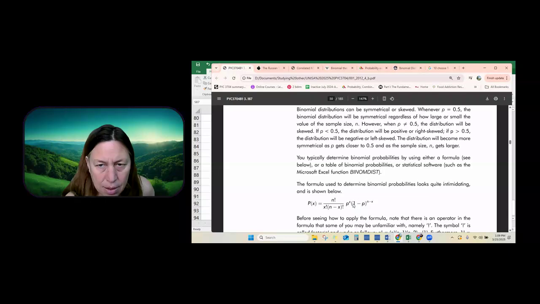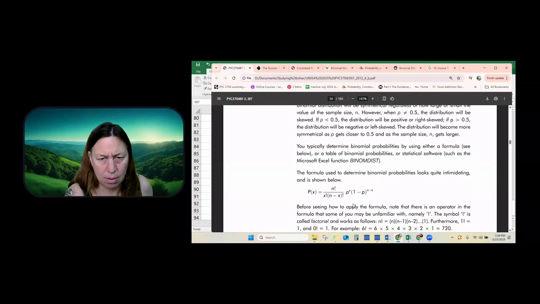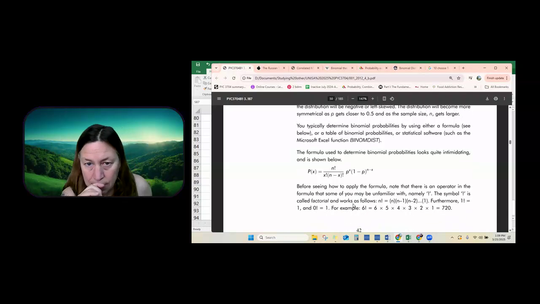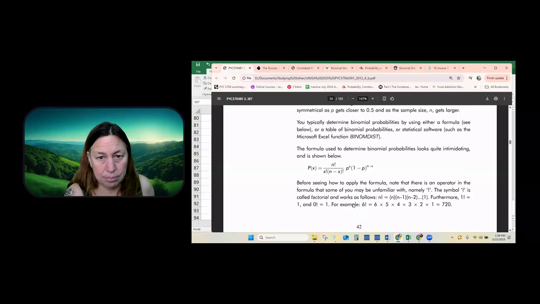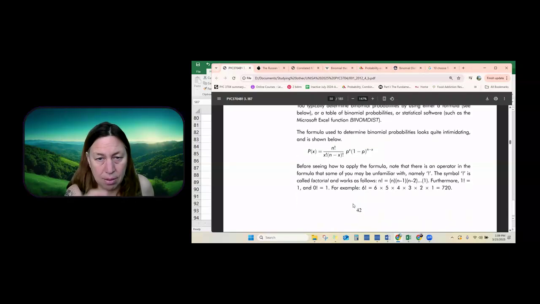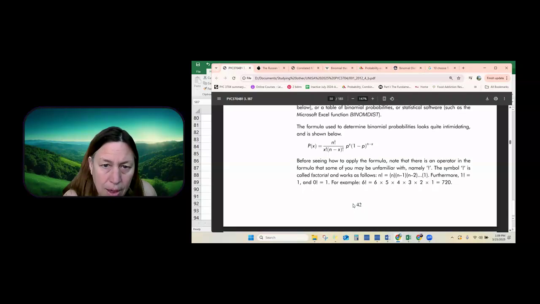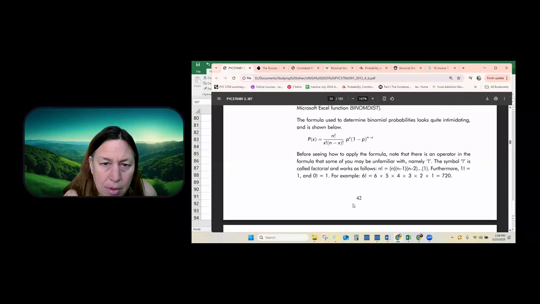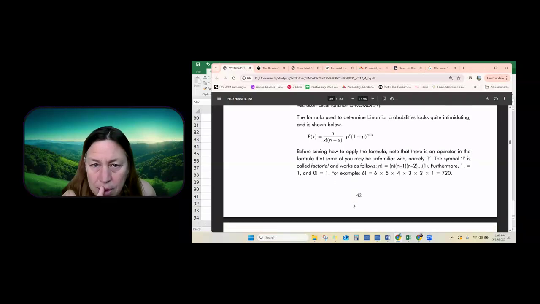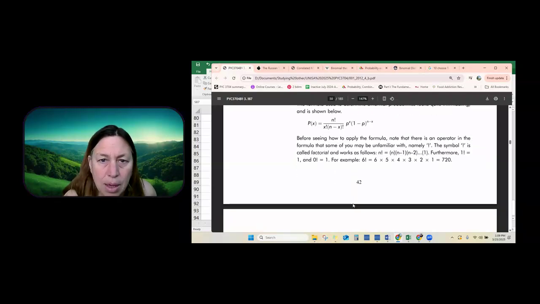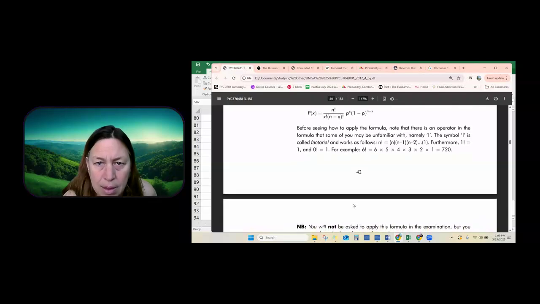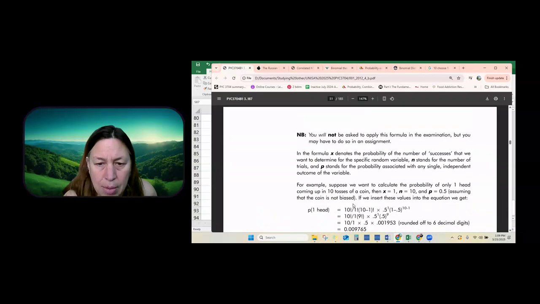So P is the success, success to the power of x, times 1 minus the success. The probability of x is n choose x, which is 10, times P to the power of x, times 1 minus P to the power of n minus x.